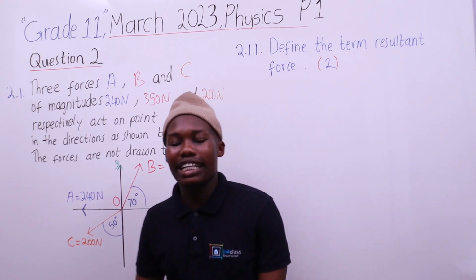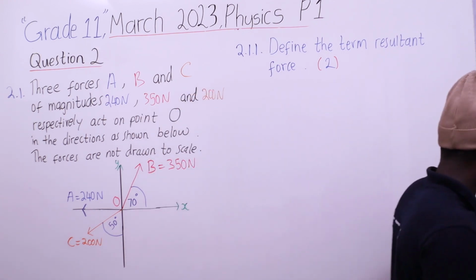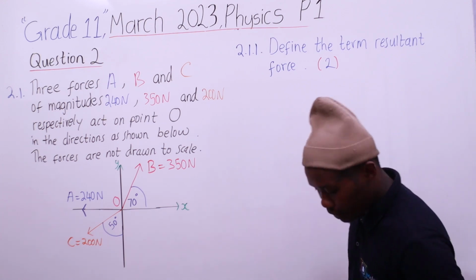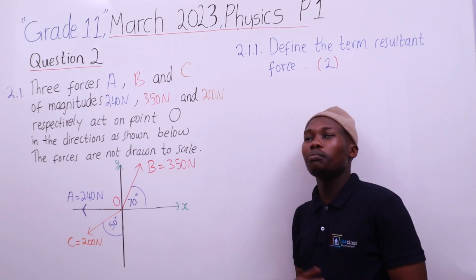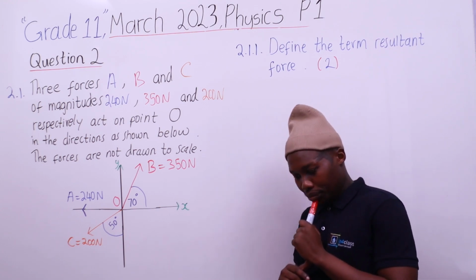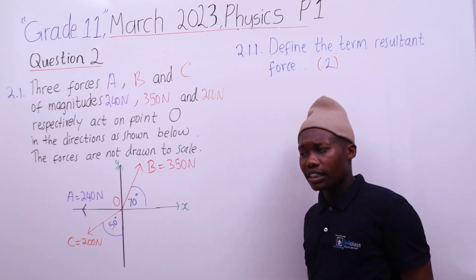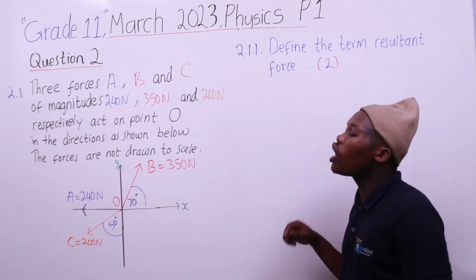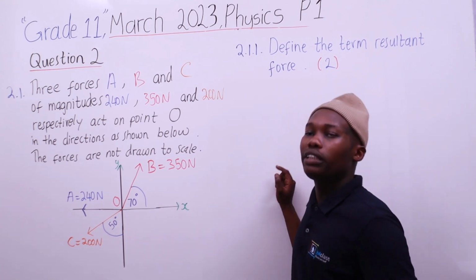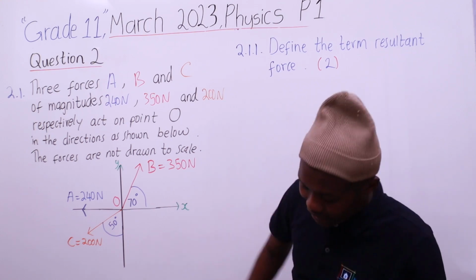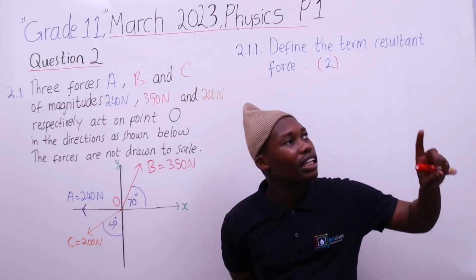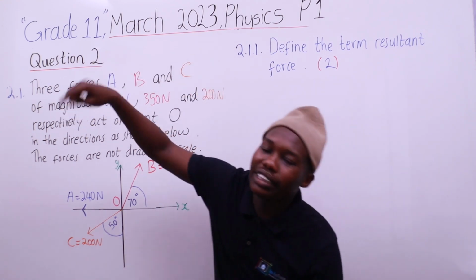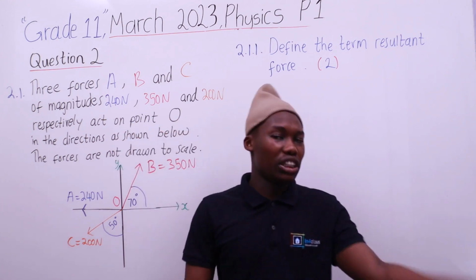The resultant force is the net force, the sum of all the forces. If we explain it in simple terms, it is a single force that is equal to, or can represent, all the other forces acting on the same object with their magnitudes and direction. This single force's magnitude and direction equal all the forces combined, taking into account their magnitudes and directions.